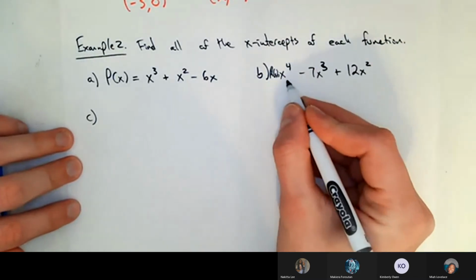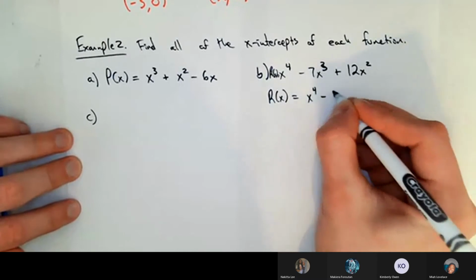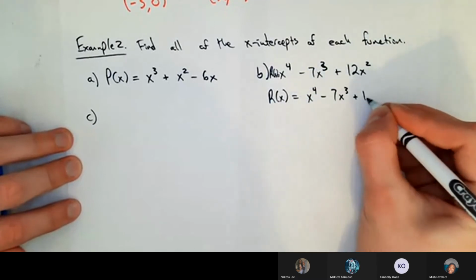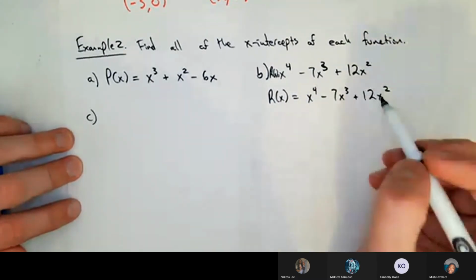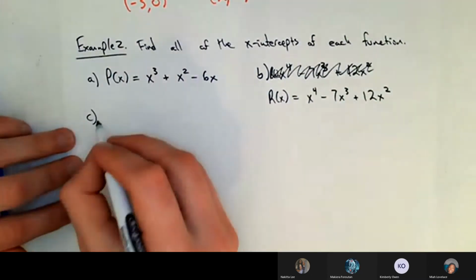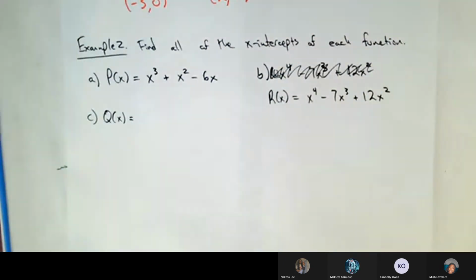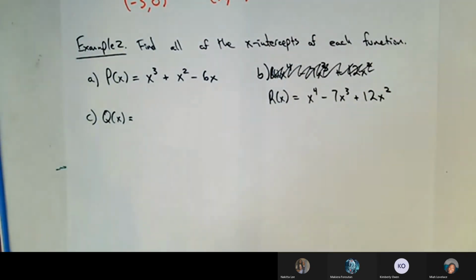R of x equals x to the 4th minus 7x cubed plus 12x squared. I'm trying to be very careful about the examples I'm coming up with here so that they don't give us anything we don't want to look at yet. And now a last one.